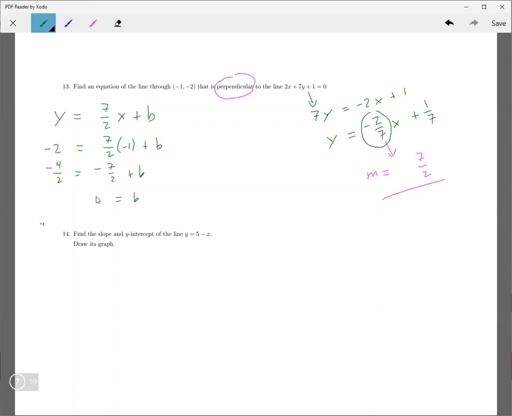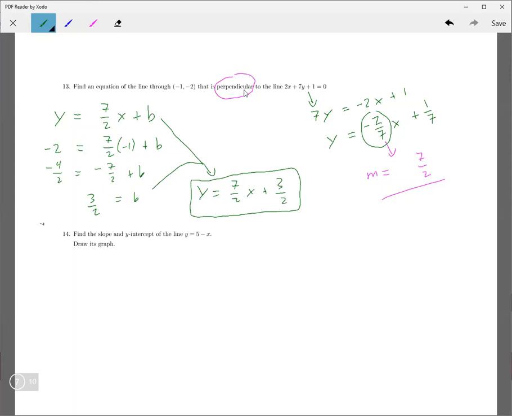So b is, let's see, negative 7 halves plus 7. So you add 7 halves to both sides, and that's going to be 3 halves. And then plug this 3 halves into here. And there's your equation.